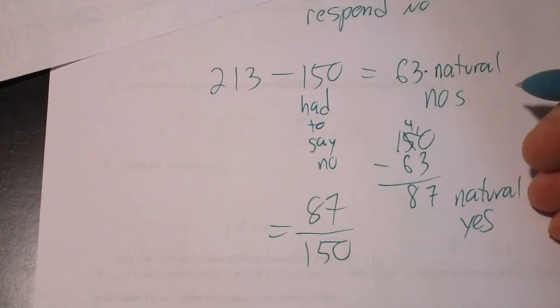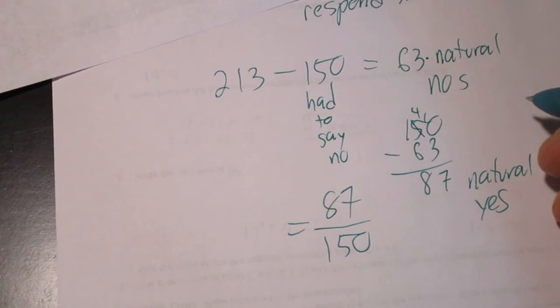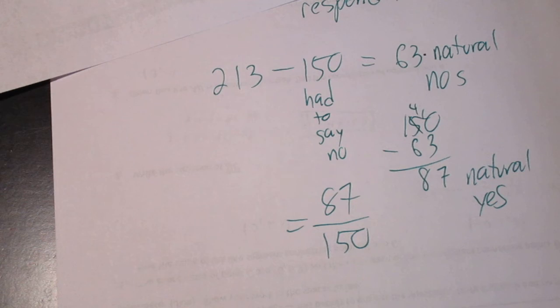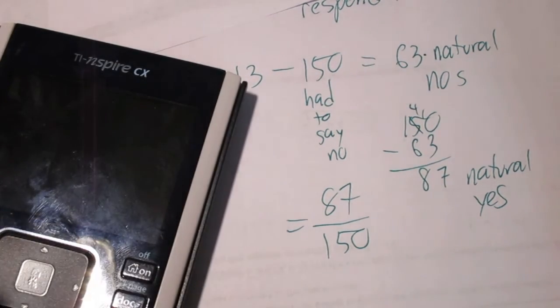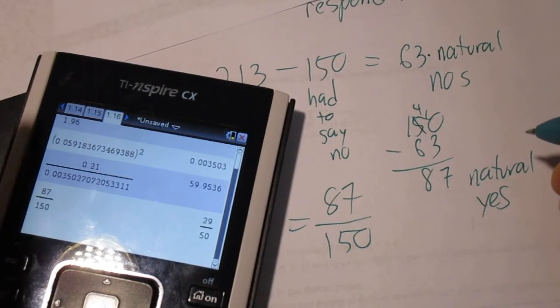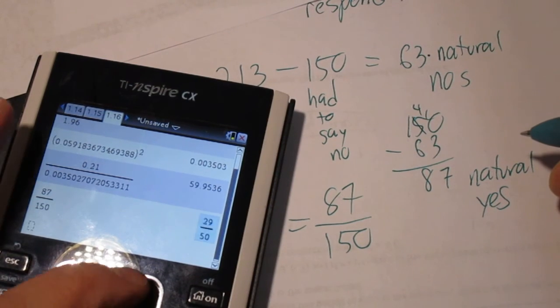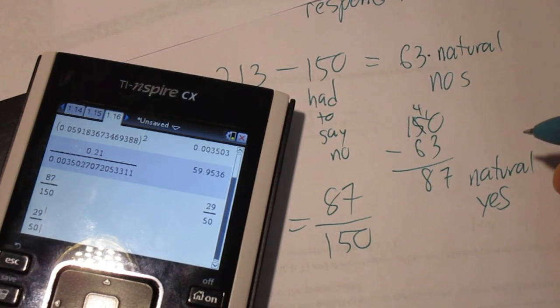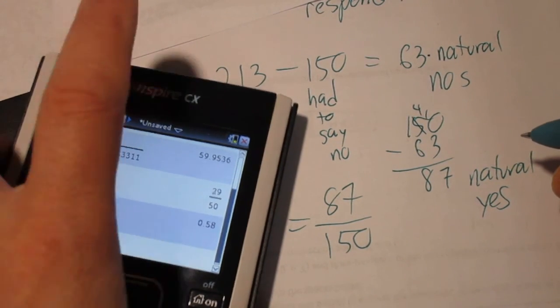Since I give a point estimate, you can leave it like that, or you could actually divide it. 87 divided by 150. Oh God, this stupid calculator. About 58%.